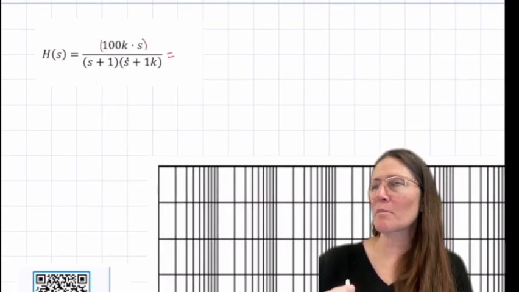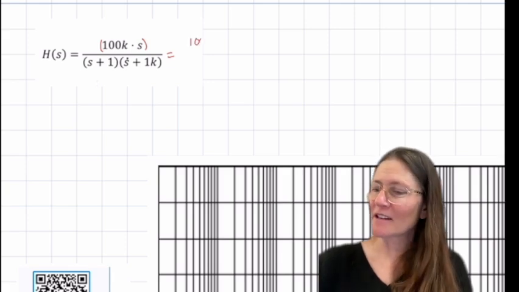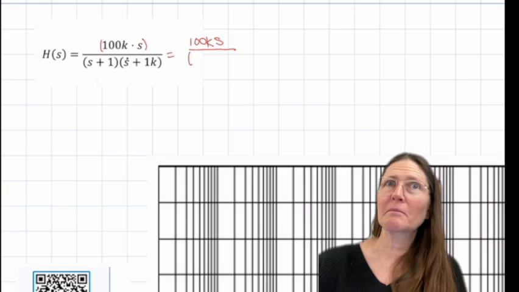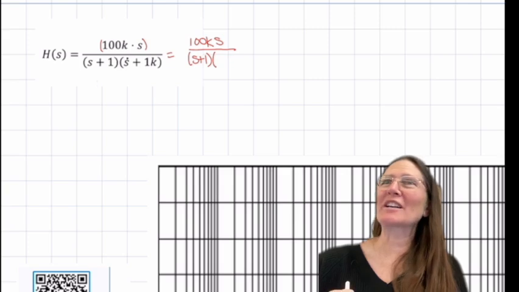What do we need to do to this to get it in standard form? First off is the top part in standard form. Yes. Okay. So yes, it is. So we're going to leave that alone. Is S plus 1 in standard form? S plus 1 is. But the 1K is not.